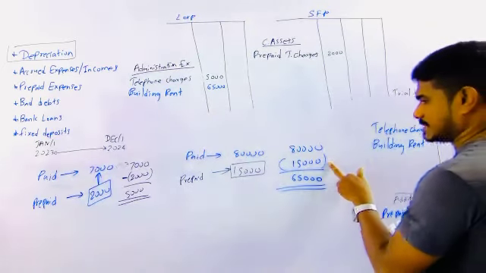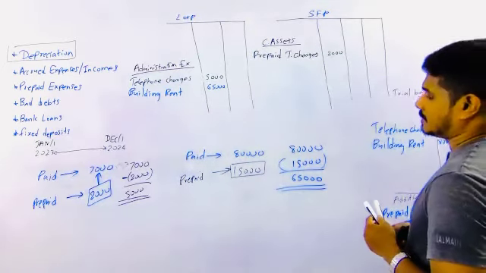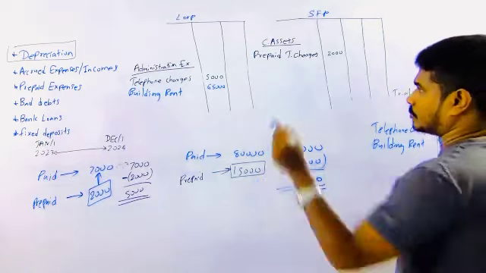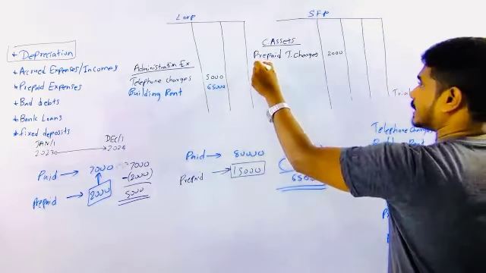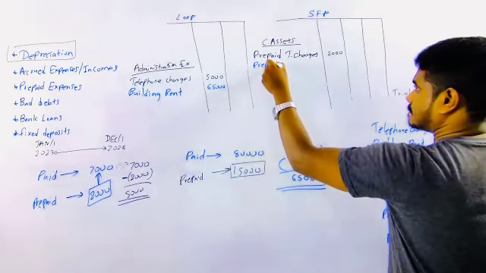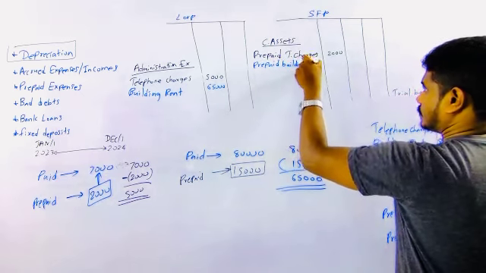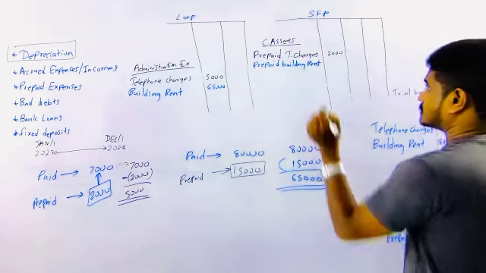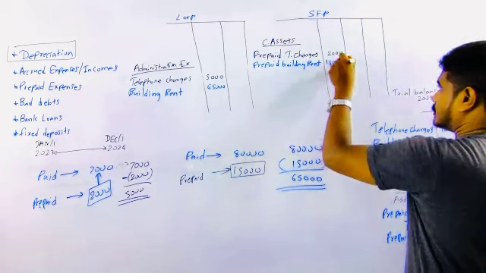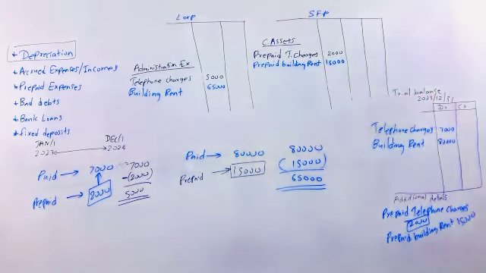So this 15,000 is a current asset. So we have to input it as prepaid building rent, 15,000, right? Understood?